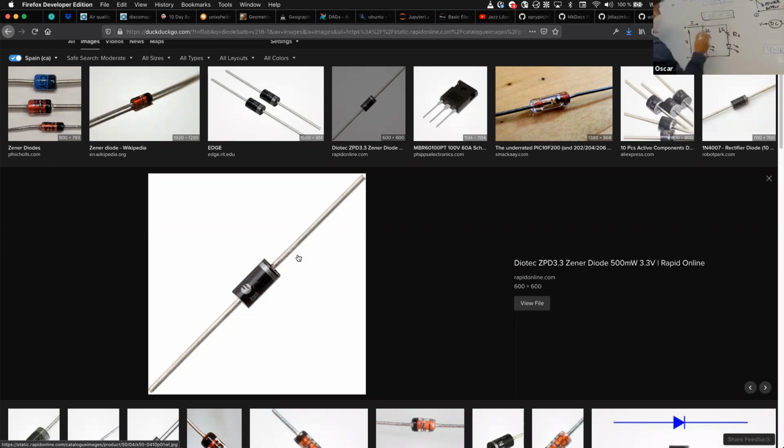So this here is I1 times R1, and this one here is I2 times R2.